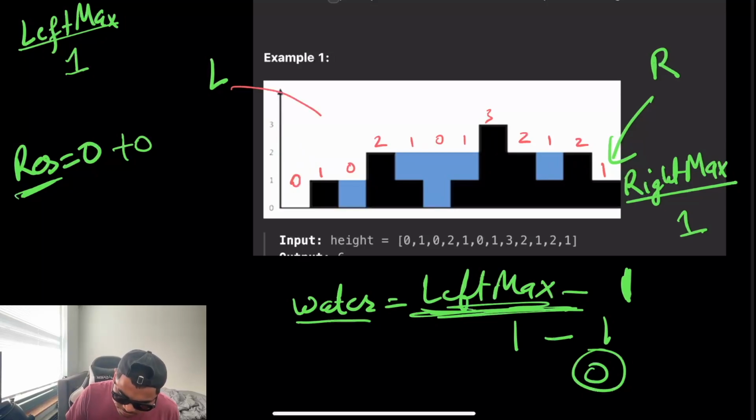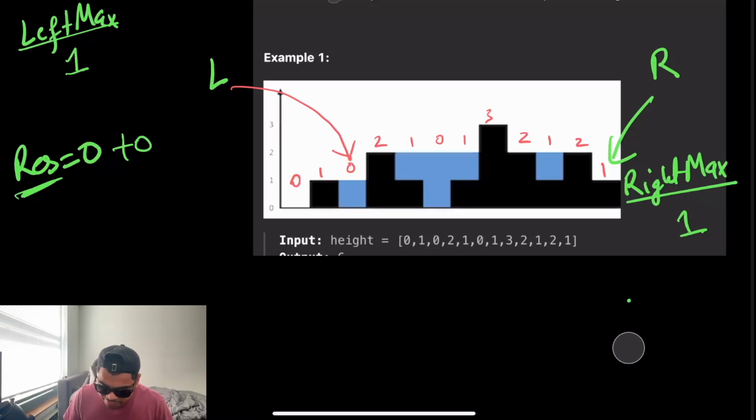Now my left is pointing to this value. Here I will update my left max. First I have incremented my left, then I will update my left max. The way I do it is left max equals the maximum of left max and the current value, which is 0, so it will remain 1. And now I will calculate my water.